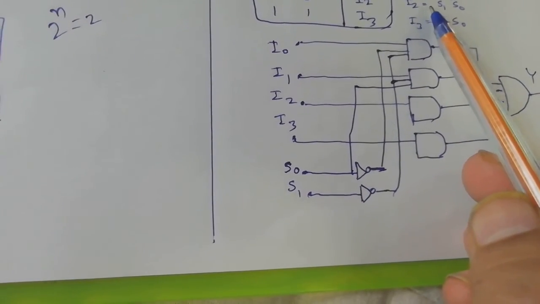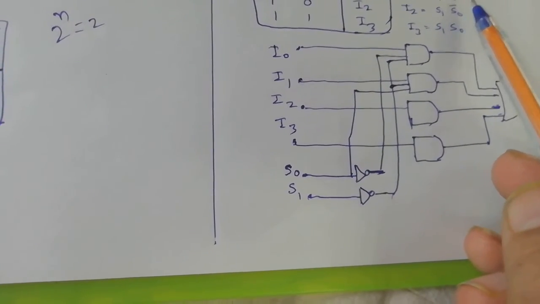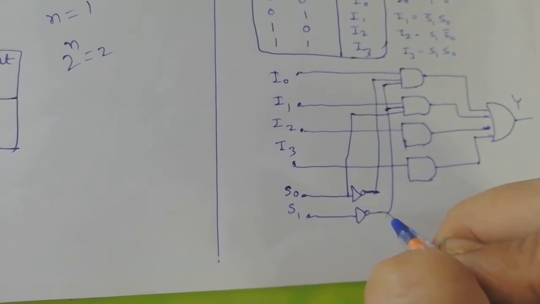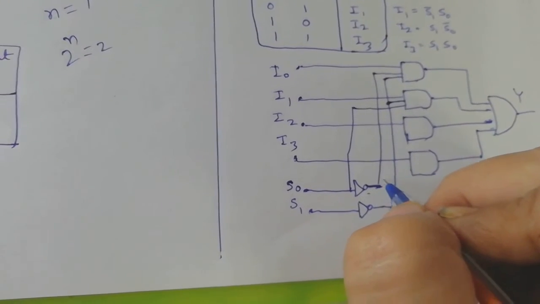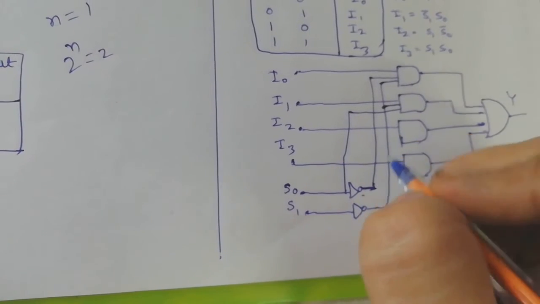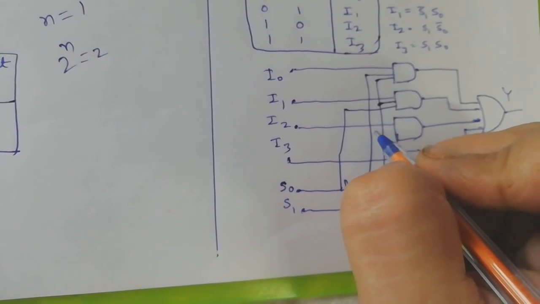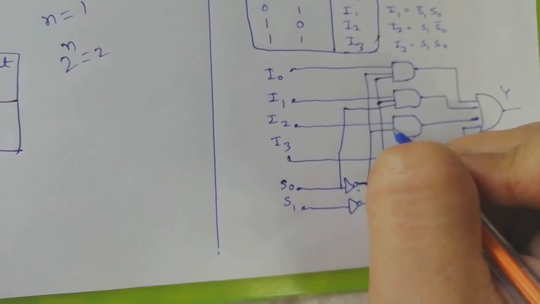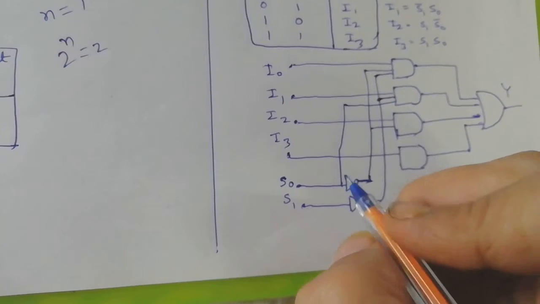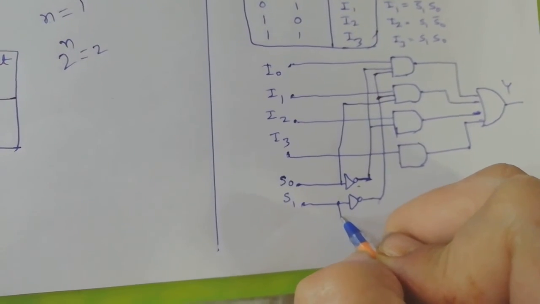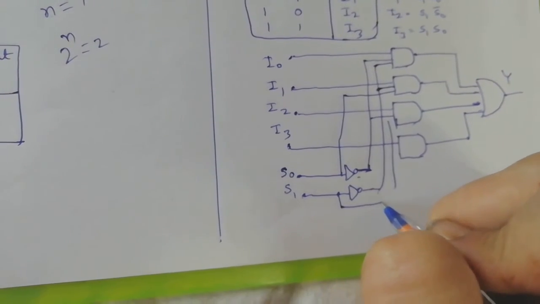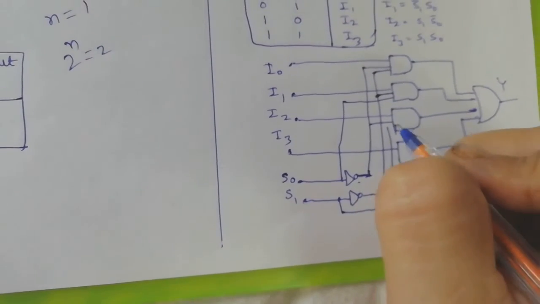Next we have I2 equal to S1 S0 bar. For S0 bar we are getting it from here, and for S1 let me take it from here.